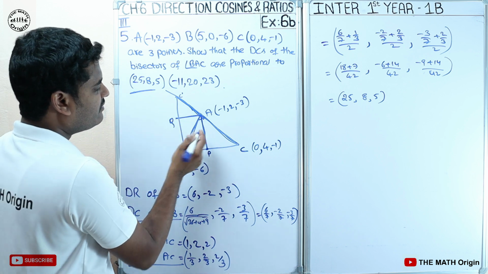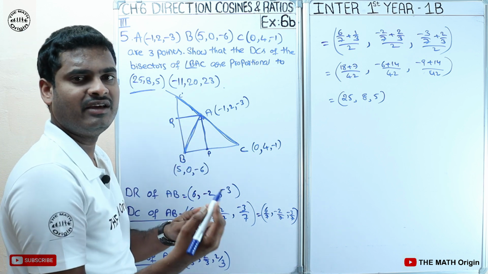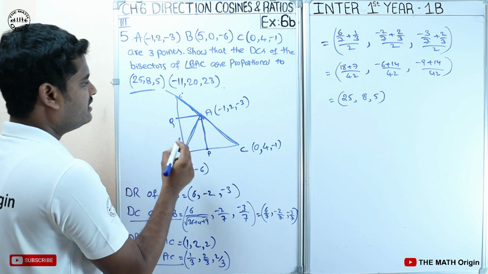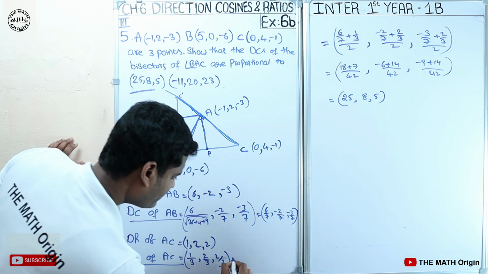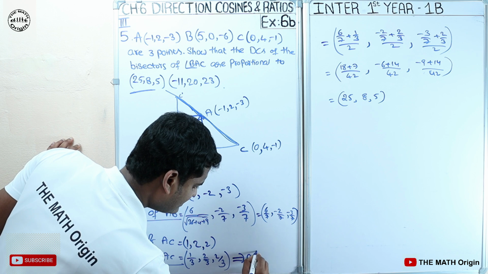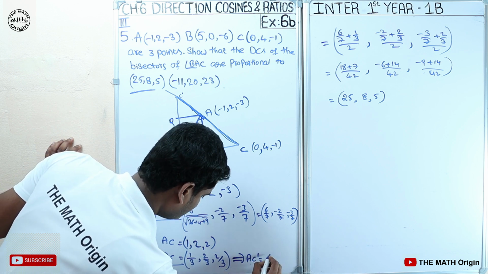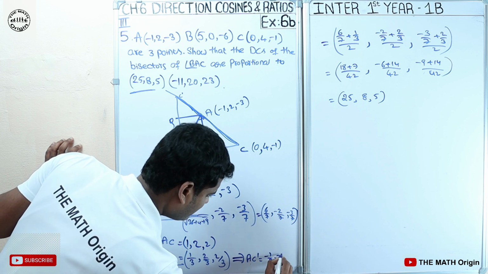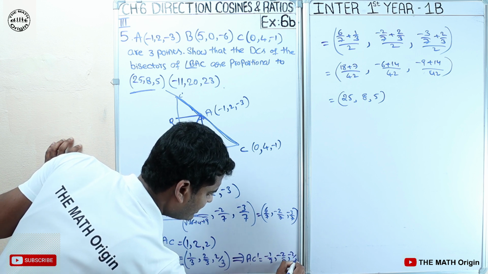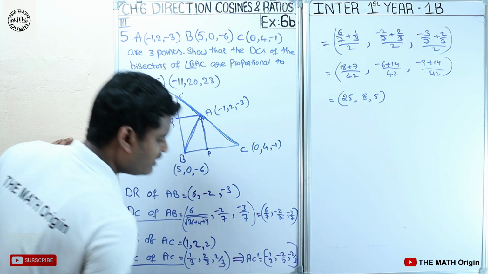It means the direction cosines of AC will take negative values. So AC dash is -1 by 3, -2 by 3, -2 by 3.